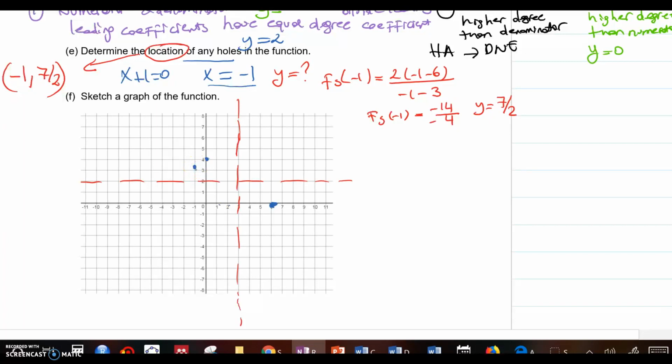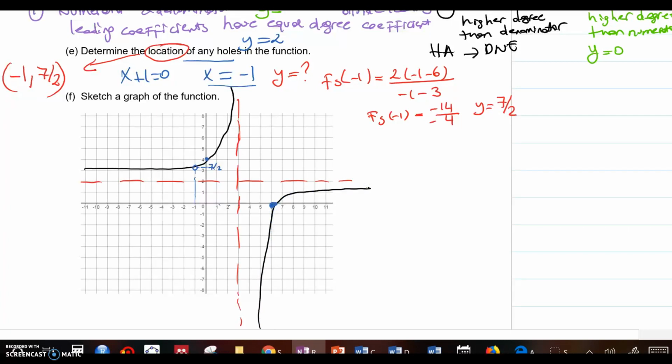I think here, but that's a hole. Okay, so that's 7 over 2, and that's 1, so that's the hole. Okay, now we can draw it. So we're coming from here, passing through there, and then we're coming from down. It's the asymptote there. Voila, it's done.